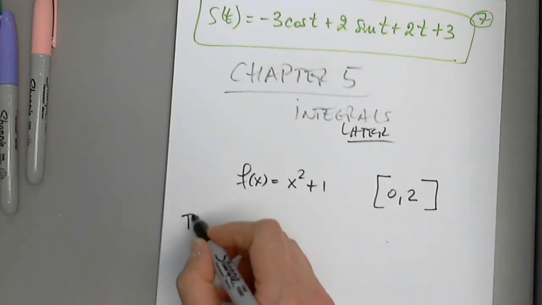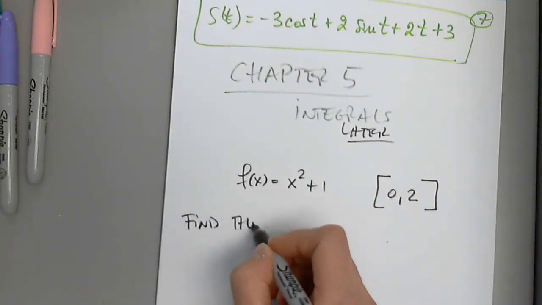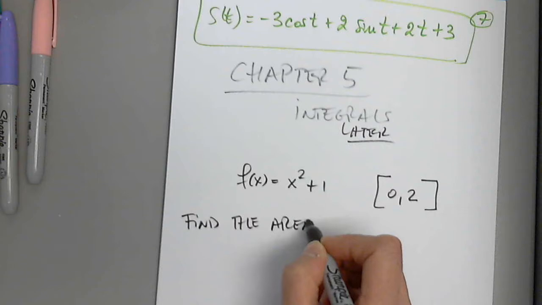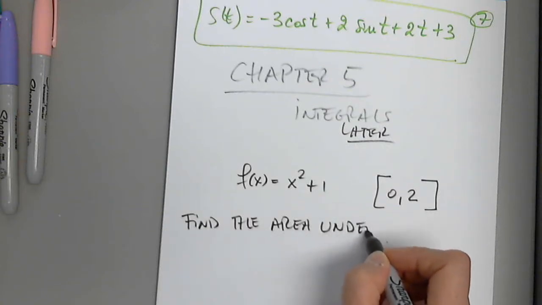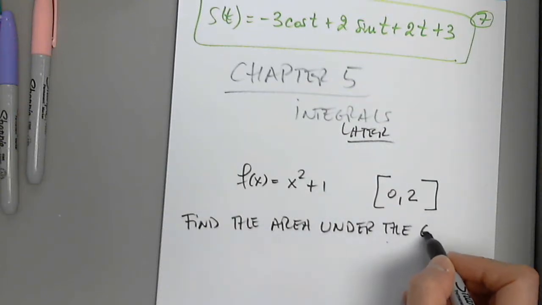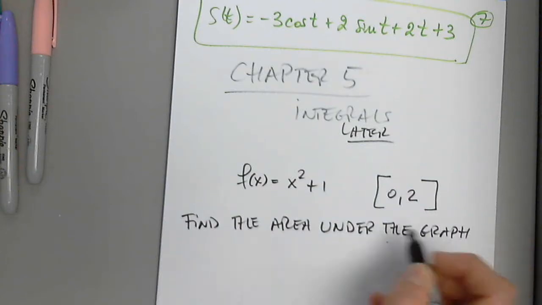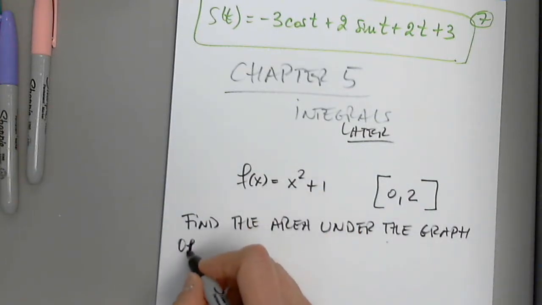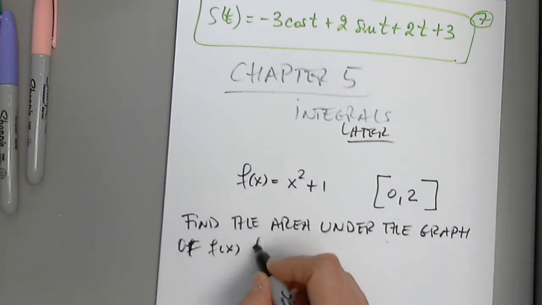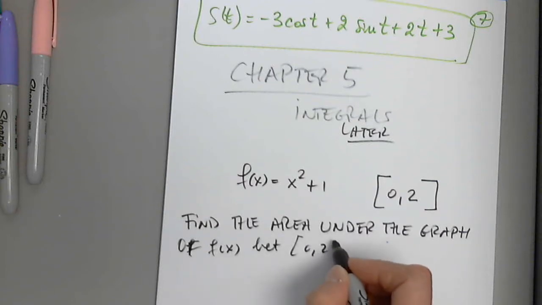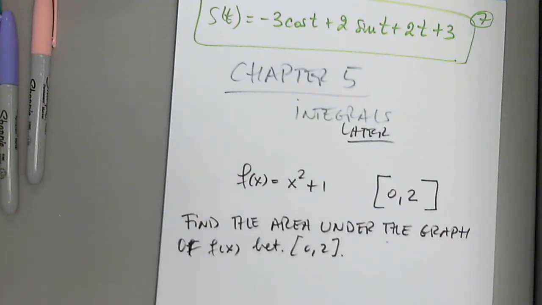We want to find the area under the graph of this function f of x between 0 and 2, obviously between the graph and the x-axis.